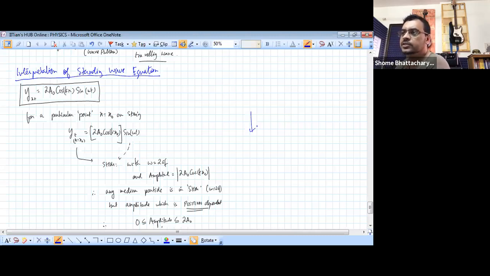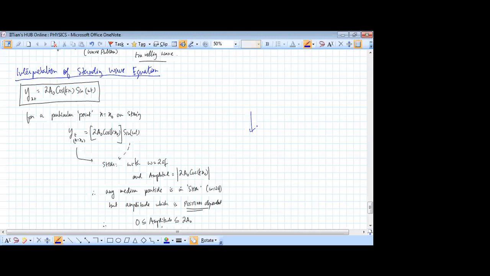In other words, the amplitude is position dependent. That still doesn't give us an explanation of why it is called a stationary wave, but it's showing you an important property of the type of disturbance that is going through the medium right now. The disturbance is such that all medium particles are in SHM with angular frequency omega, but they have position dependent amplitude.